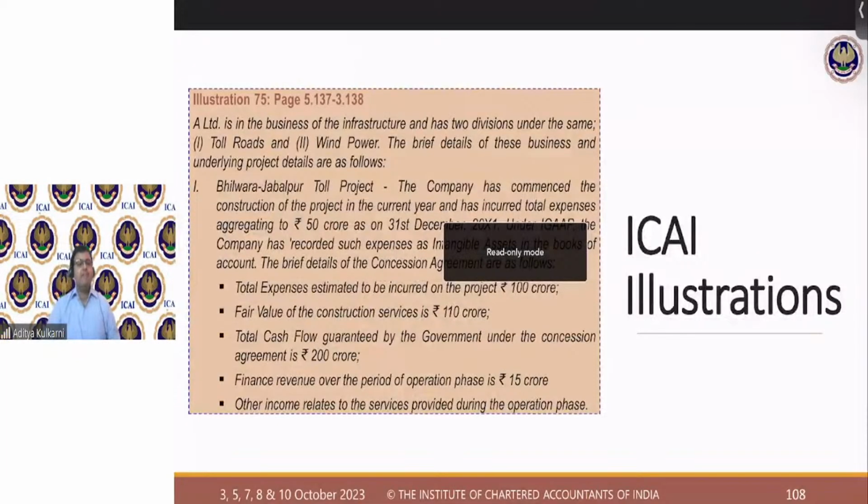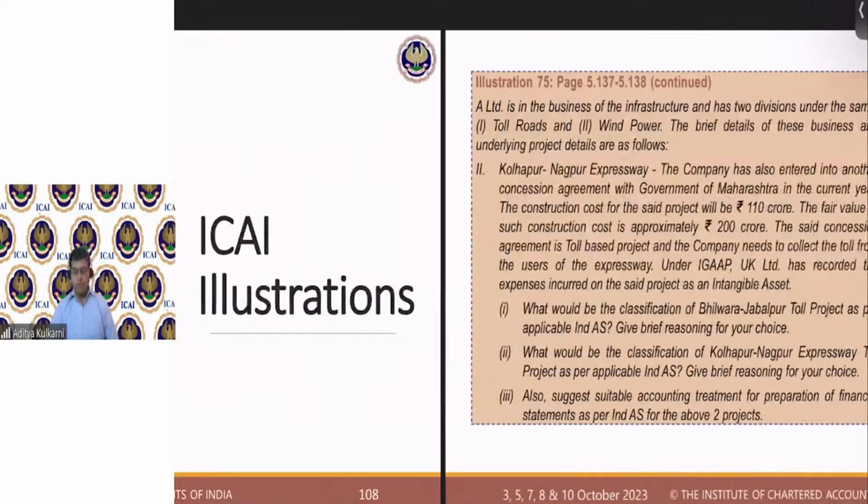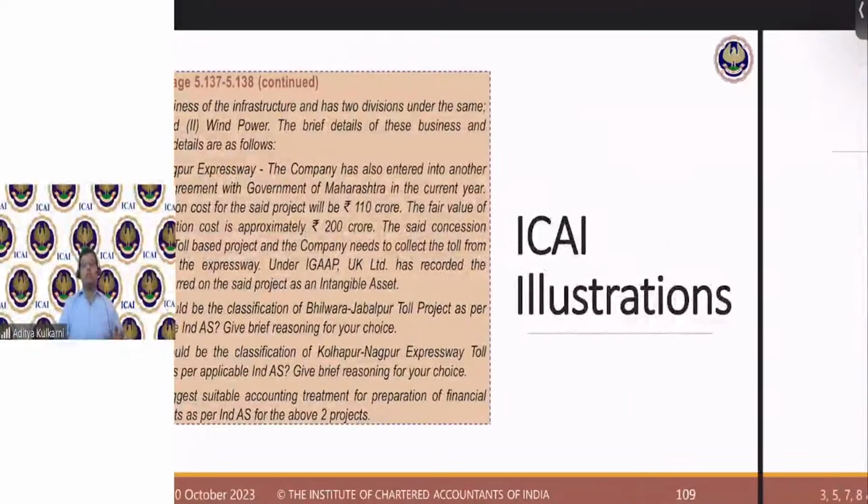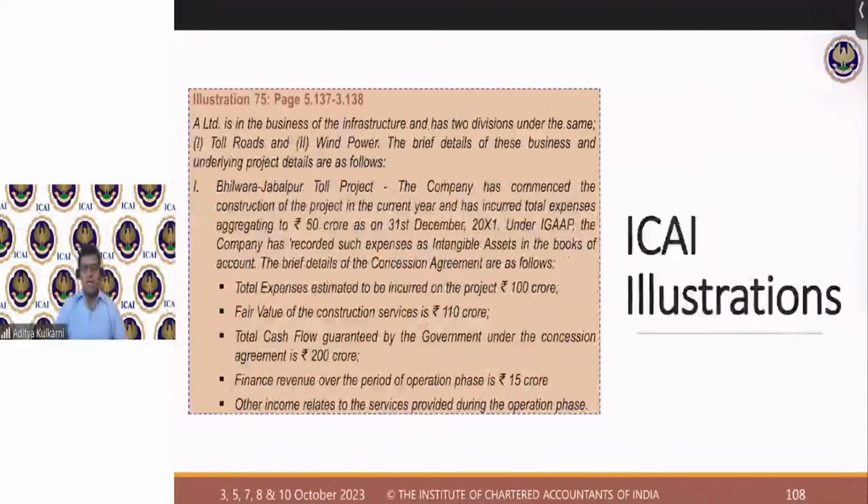Illustration 75 is a very basic illustration. They have not asked month-wise entries. They have asked whole contract-wise entries, which I'm sure you can do. This one question also I'm going to share with you, question as well as the answer. Okay, so service concession arrangements is done.